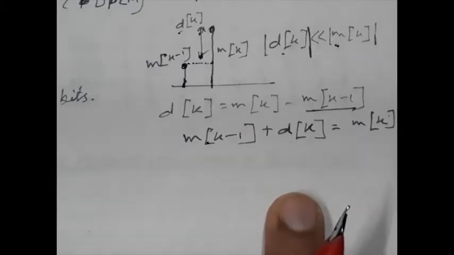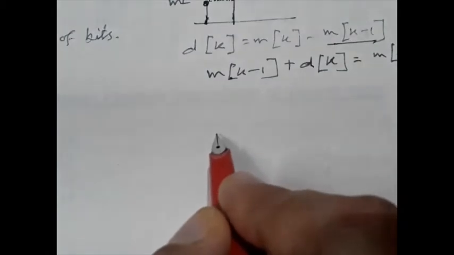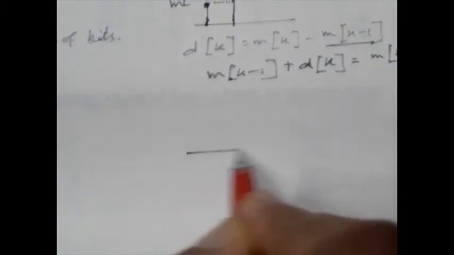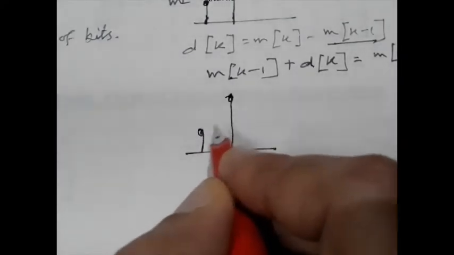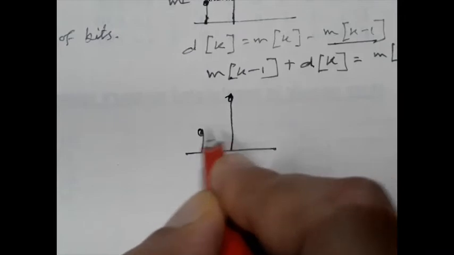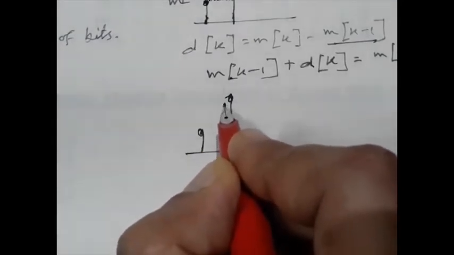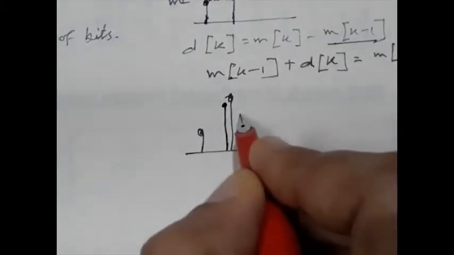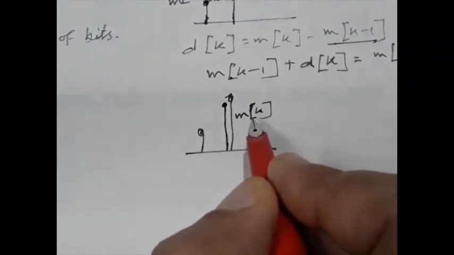Now this scheme may be further improved in this way. Instead of taking the difference between the successive samples, we will estimate the current sample.